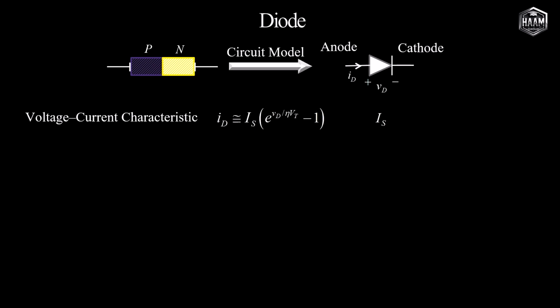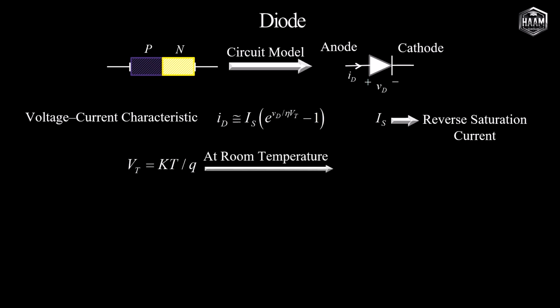V_T is the thermal voltage defined as kT divided by q, where k is Boltzmann's constant, T is the absolute temperature in Kelvin and q is the electronic charge.